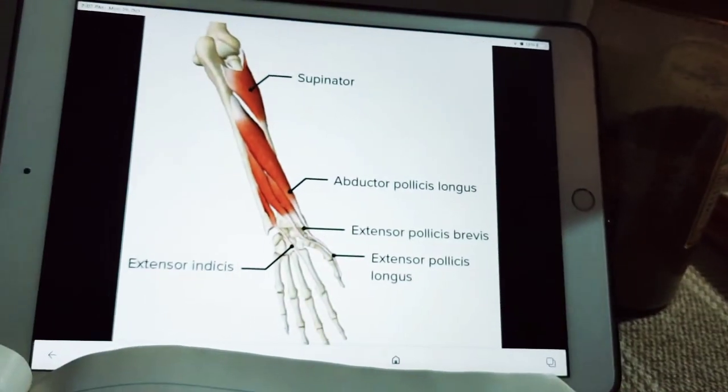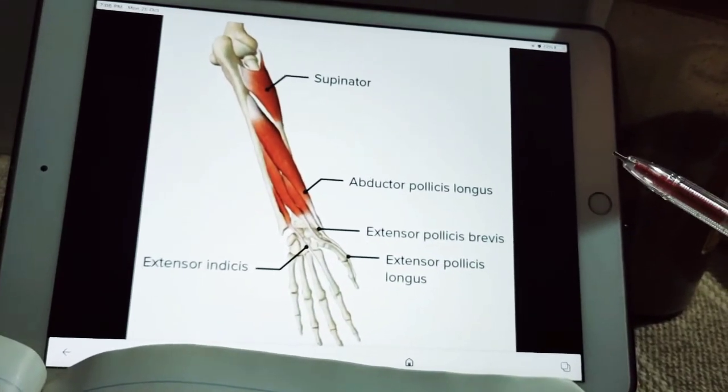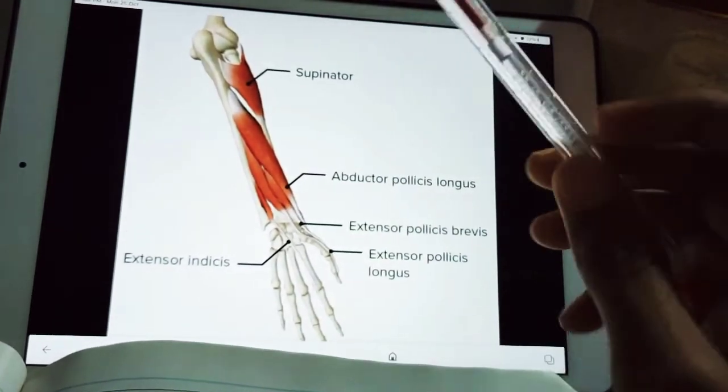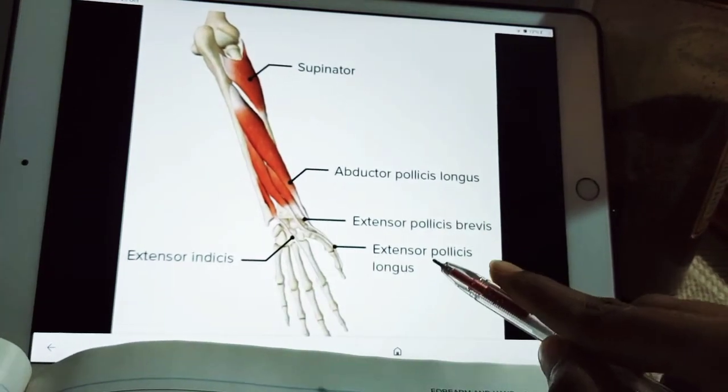Next you have the extensor indicis. It originates from the posterior surface of the shaft of the ulna. So from the ulna you get two origins, extensor indicis and extensor pollicis longus.